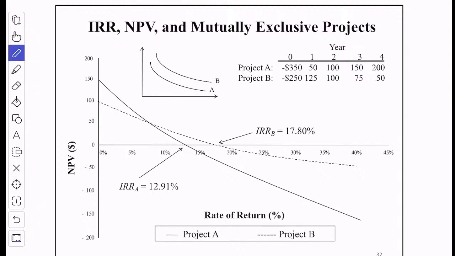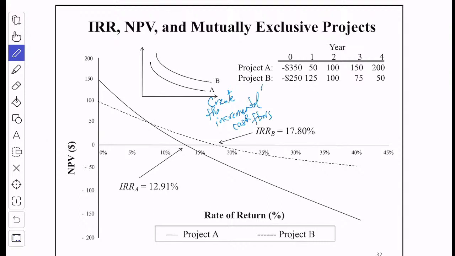So we do that by creating the incremental cash flows. That's what that says. So I am going to take each of these cash flows and subtract, in their time period, the other set of cash flows.